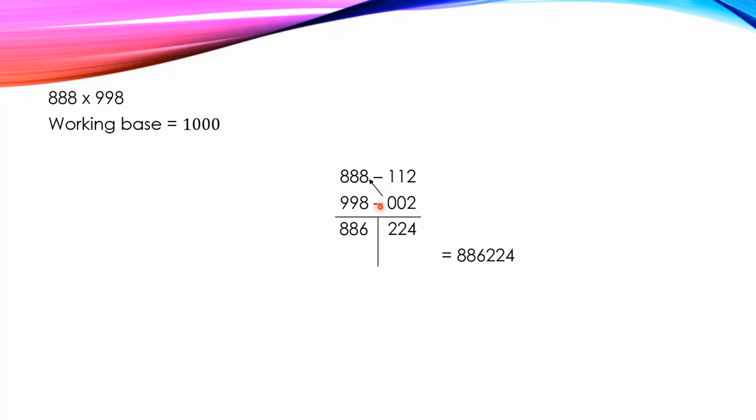So we can simply take 1000, and now we will do 2 multiplied by 112, which will give us 224. Now I will subtract 2 from 888, which will give me 886. So my final answer is 8,86,224.